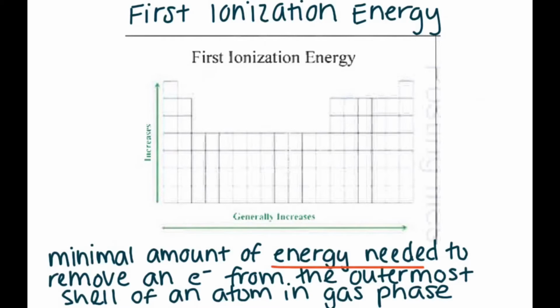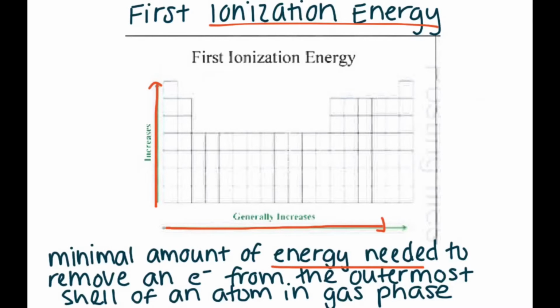The periodic trend for ionization energy is that it increases going up a group and increases going across a period. This is because force or energy, in this case ionization energy, increases as charges increase or become more positive and as distance decreases.